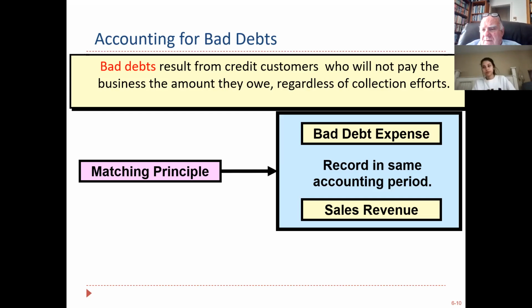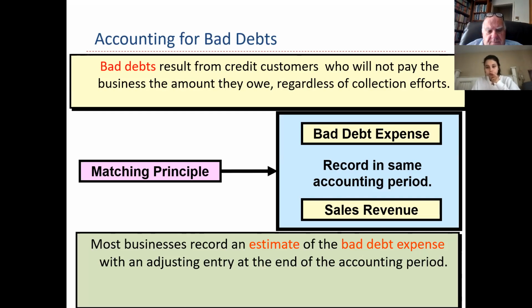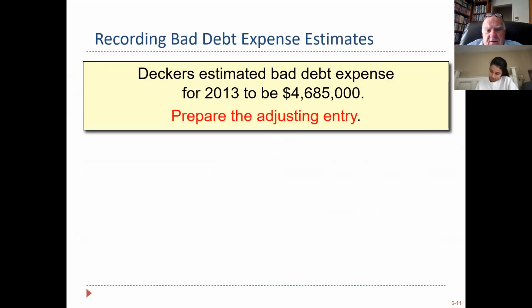There are two different methods for doing so. This section of the chapter is where students really have a little bit of a tough time following. Most businesses record an estimate of the bad debt expense with an adjusting journal entry. So when it comes to bad debt expense, there are just two-line journal entries that we need to understand.